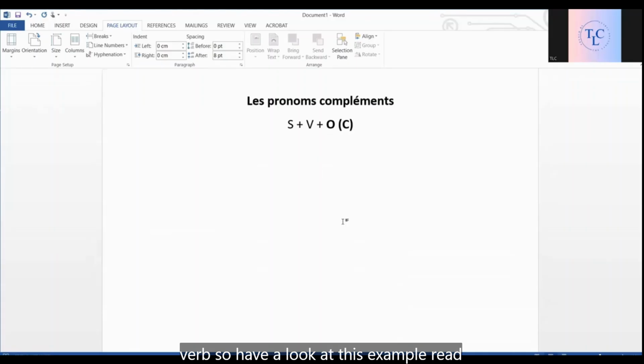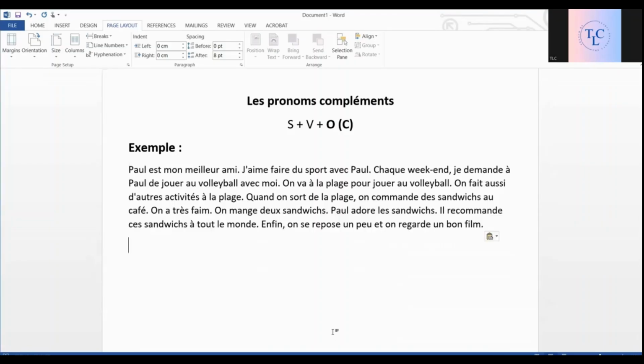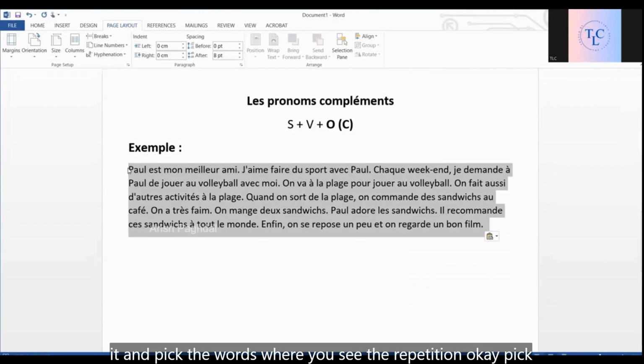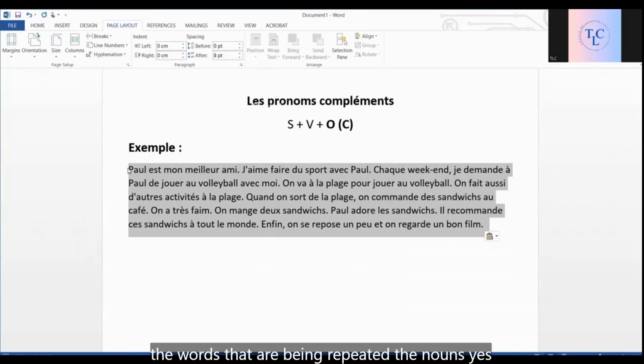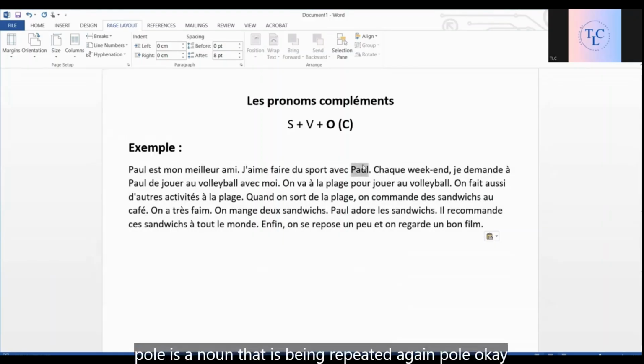So, have a look at this example. Read it and pick the words where you see the repetition. Okay, pick the words that are being repeated, the nouns. Yes, Paul is a noun that is being repeated.